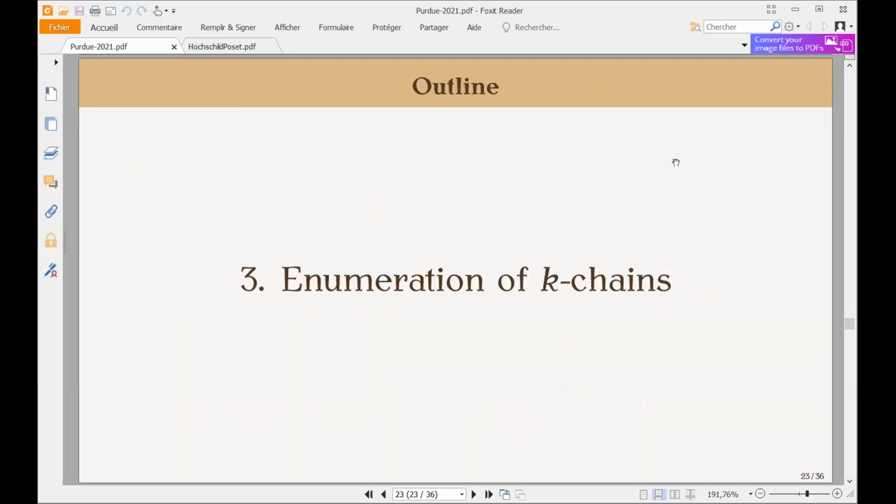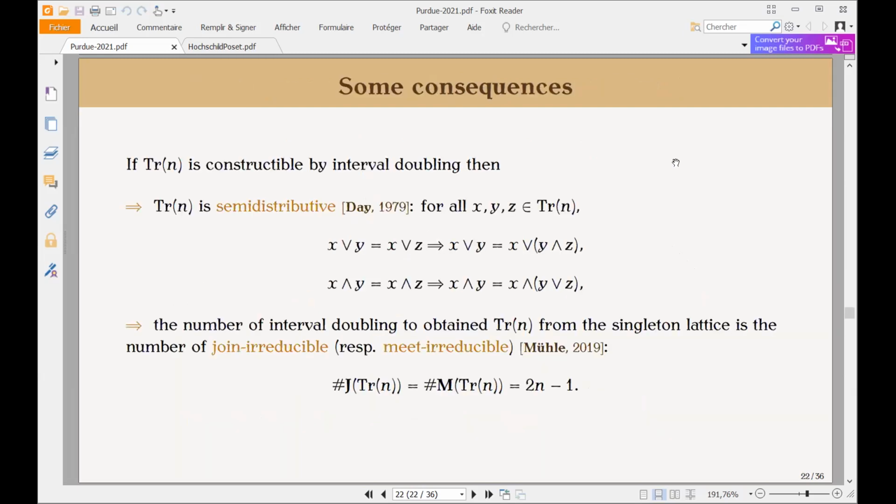So what do I get from the fact that this is a semi-distributive lattice? What do I get in general from having a semi-distributive lattice?